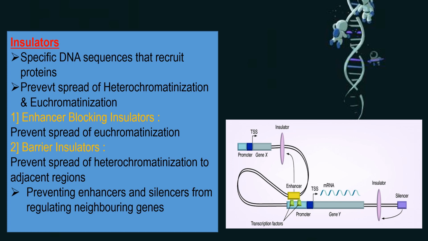Enhancer blocking insulators, as the name indicates, block the activity of enhancers by preventing the spread of euchromatinization. And the second one, barrier insulators, act as a barrier. It prevents the spread of heterochromatinization to the adjacent region and prevents the enhancers and silencers from regulating neighboring genes.